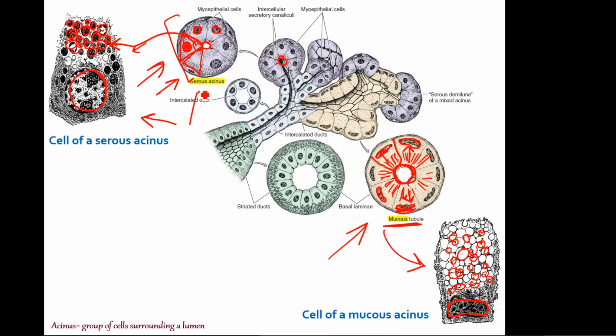But the serous acinus is darker in color because of hematoxylin and eosin stain. Near the nucleus, I think it's stained, it's basophilic, and these zymogens are acidophilic.